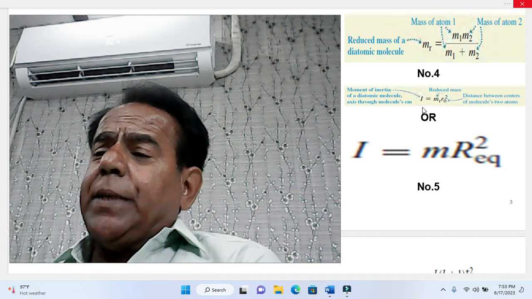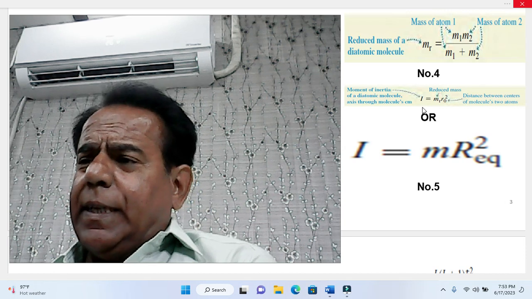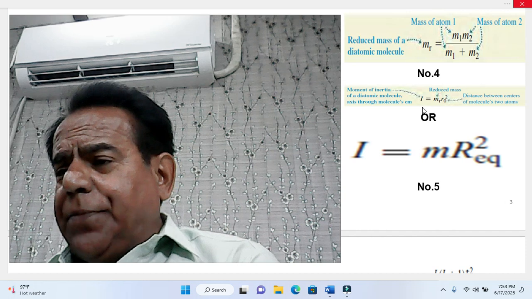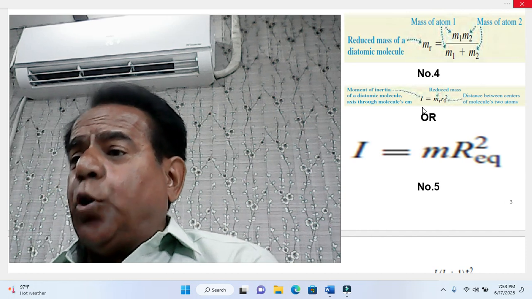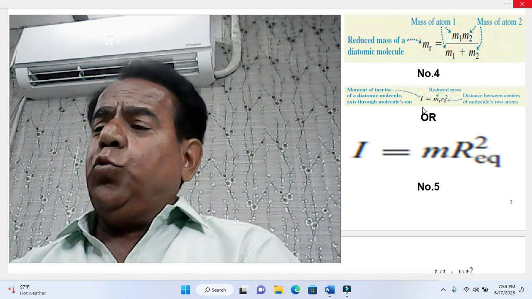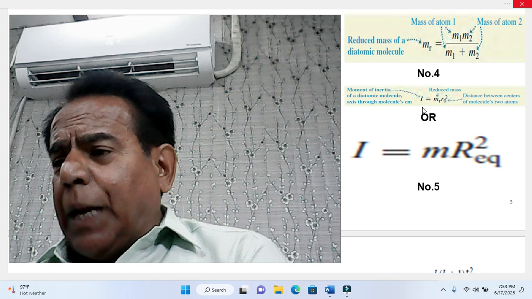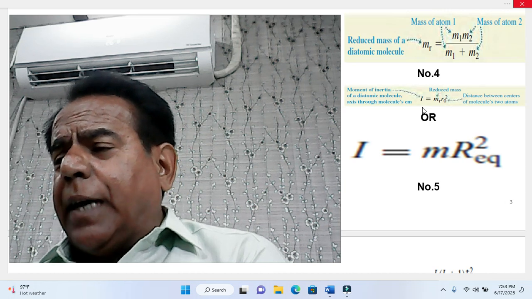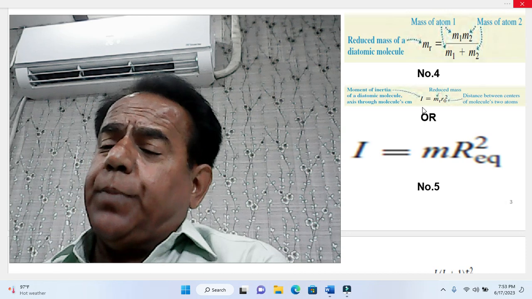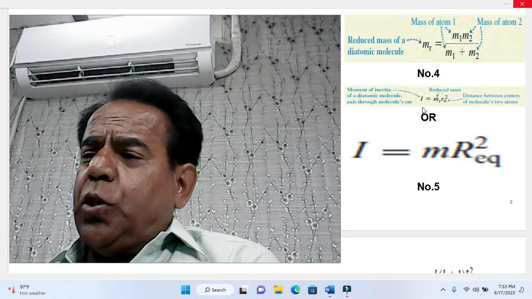What is the difference between the above and its alternate version? Okay, the only difference is that in the first case we have used M_r for reduced mass, and in this alternate version we have used simply m. Okay, no difference whether we use m or M_r. In both cases m stands for reduced mass. Okay, this is just an approach of the author of the book.